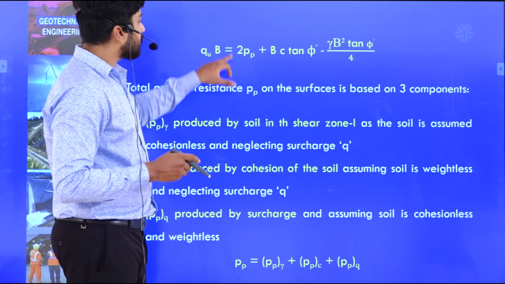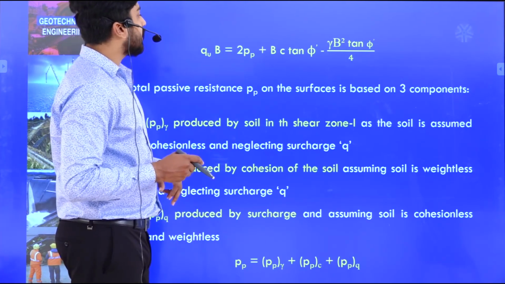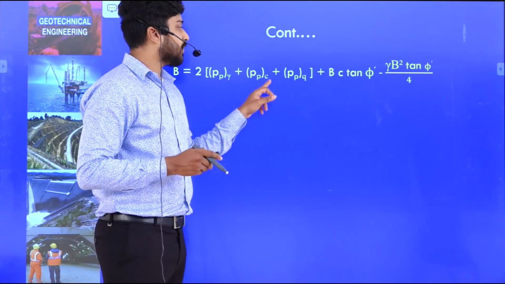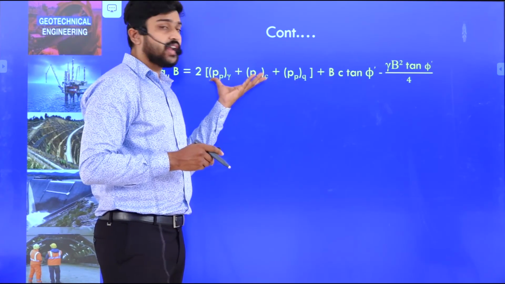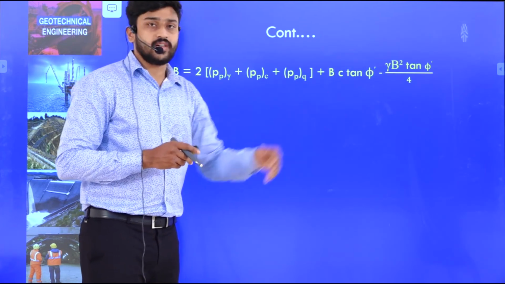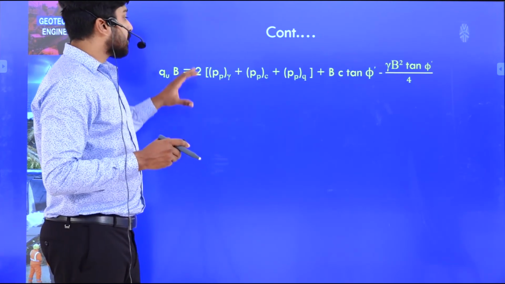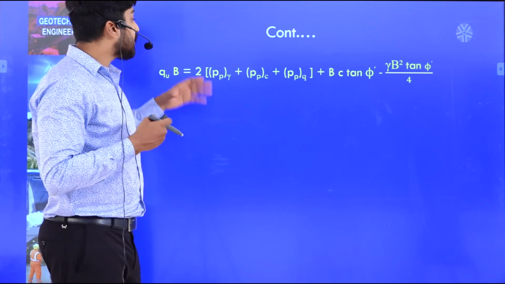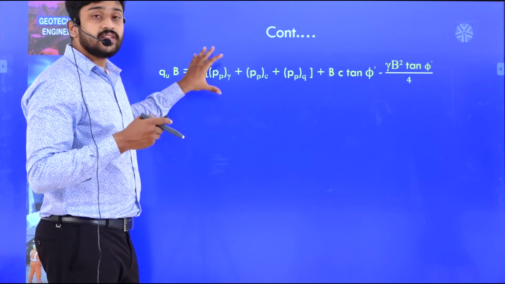Substituting this in the equation, we can obtain 2 into Pp gamma plus Pp c plus Pp q. This is one entity, plus we have the other entities. Let us now replace them. Terzaghi has replaced these entities in a certain format.